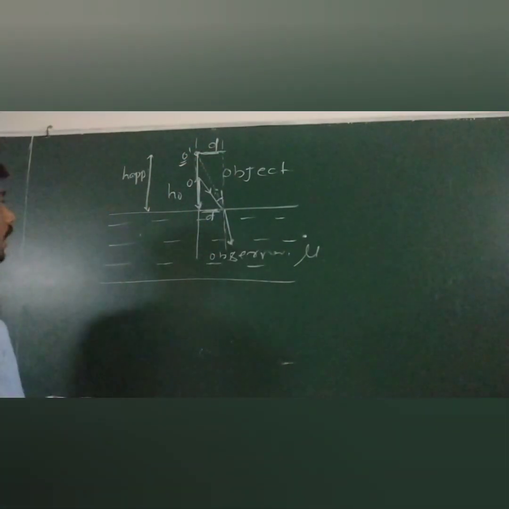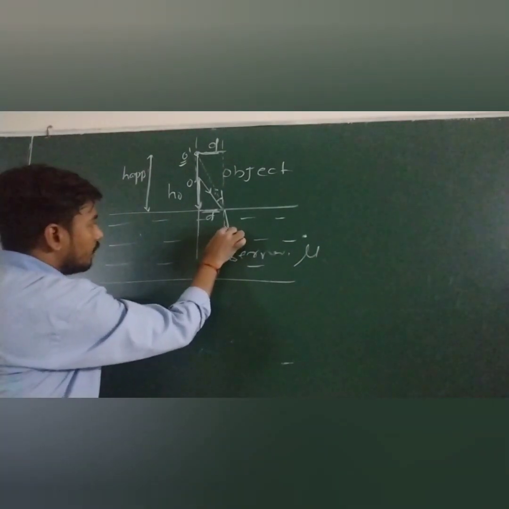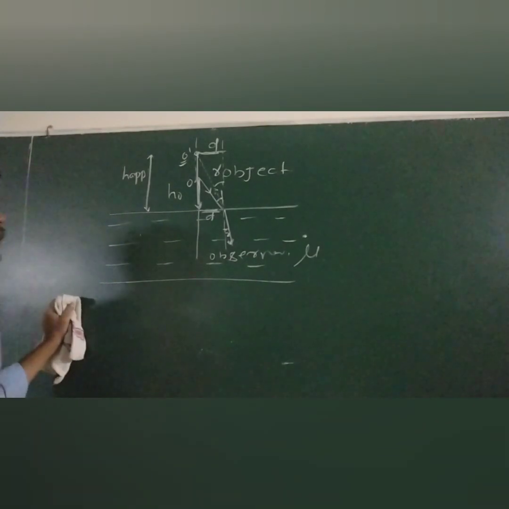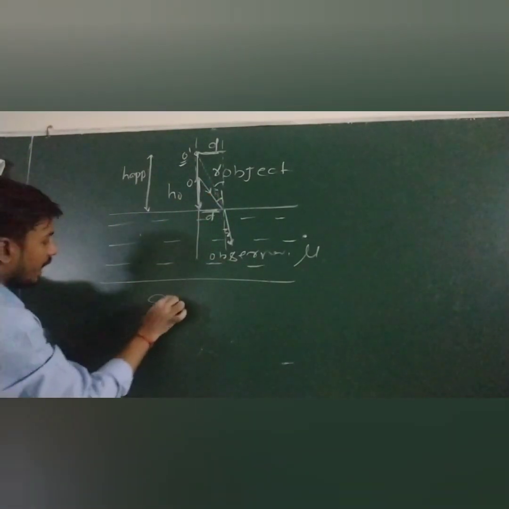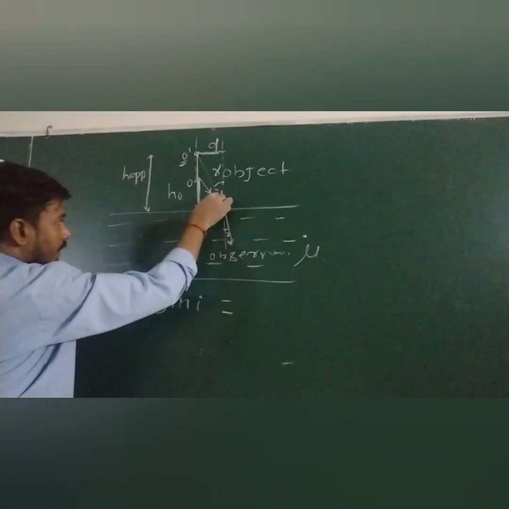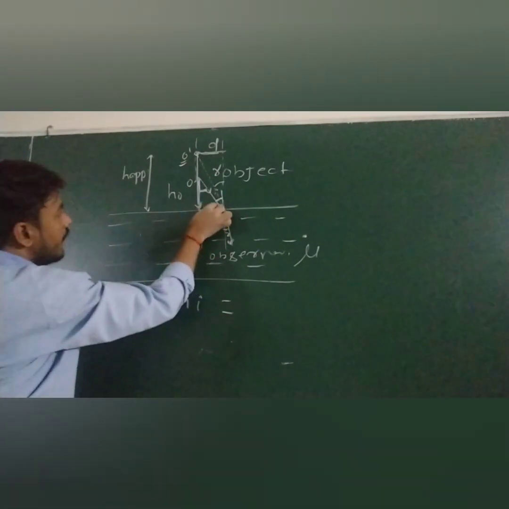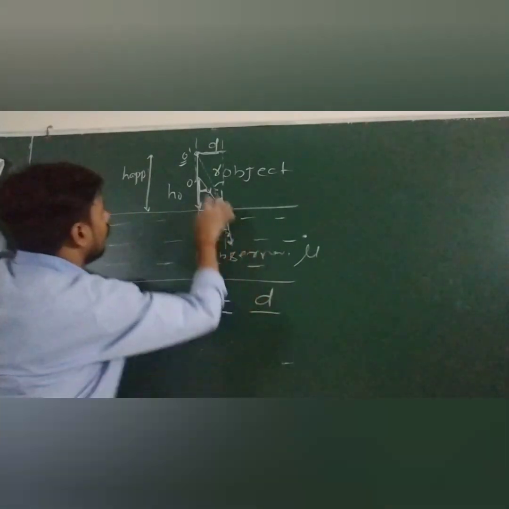Okay, now see my dear. This angle is r, so this angle is also r. Right? So apply the formula. What can we say? Sin i. This angle is i, so this angle is also i. So sin i is equal to D by this. Okay, tan i.